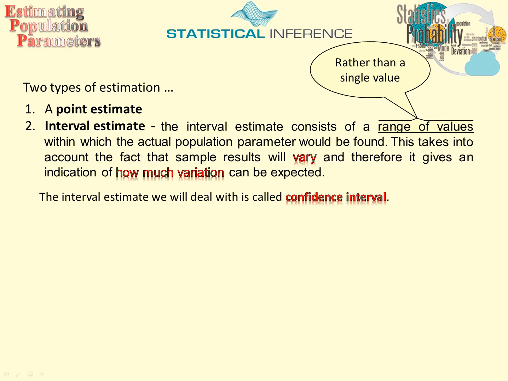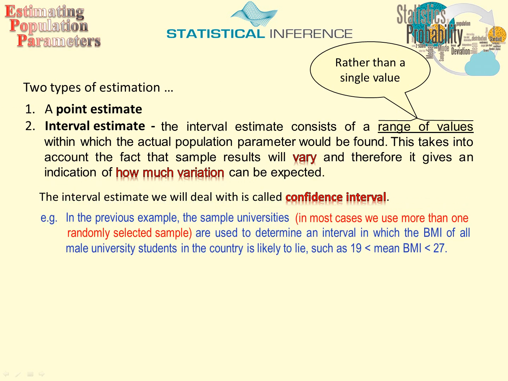What we're going to say is we are confident that the population mean falls between these two values. Well, that the probability of it falling between these two values, we'll have to give our confidence in terms of probability. So we might say the probability that it falls between these two values is 90%.